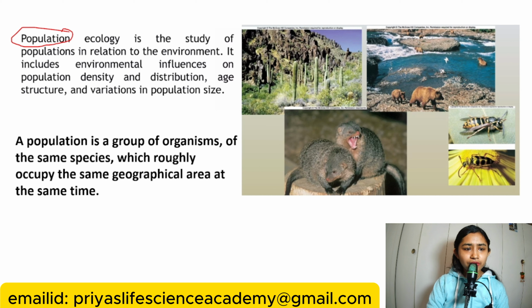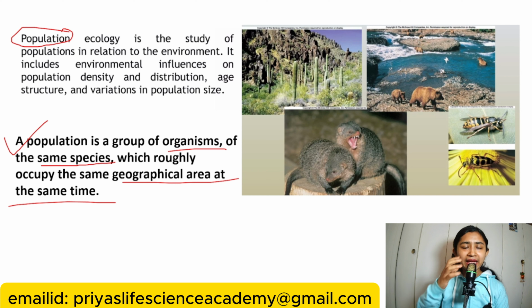A population is a group of organisms of the same species, point to be noted, of the same species, which roughly occupy the same geographical area at the same time. So a population means the organisms of the same species come together and form a group in the same area, which is known as a population.